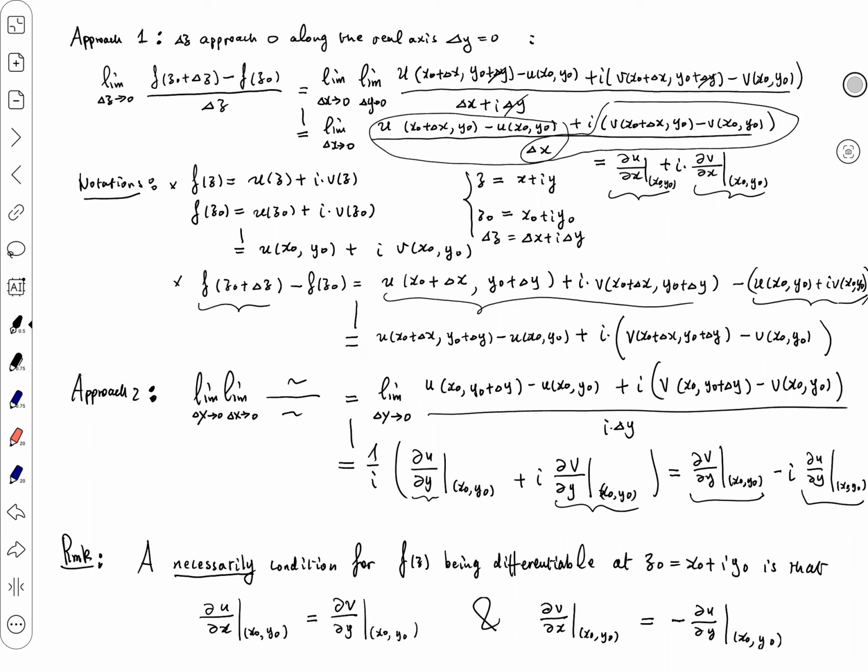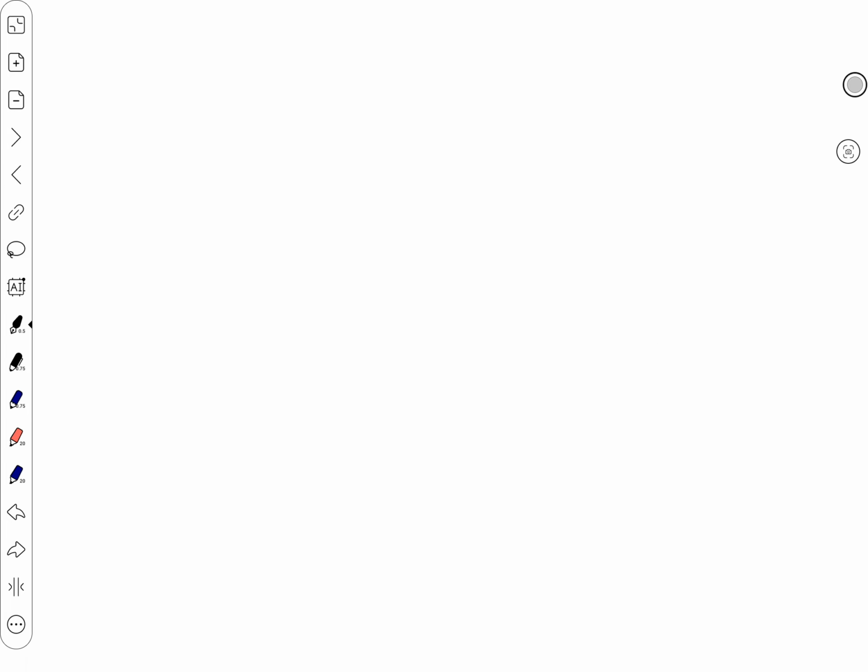So to summarize this, just to briefly write: partial u, partial x equals partial v, partial y, and partial v, partial x equals minus partial u, partial y.